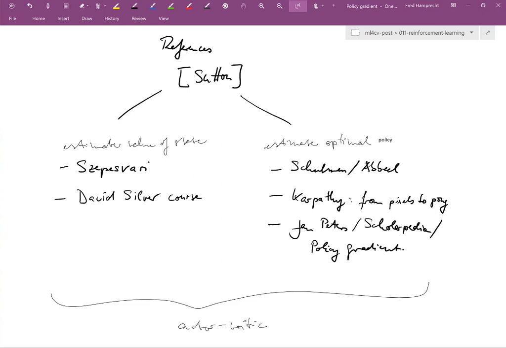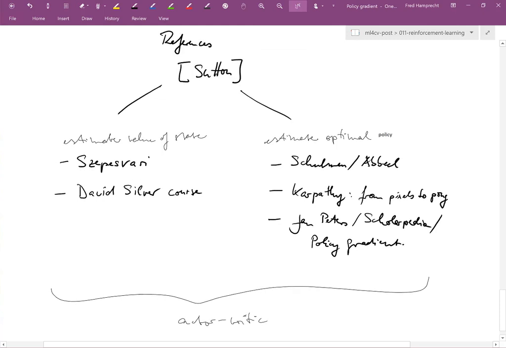Also, there is a 2015 David Silver course, which talks a lot about these methods that try and estimate the value of a given state. The best known overall reference is the book by Sutton that I already mentioned, which is also available online as a PDF on his website.